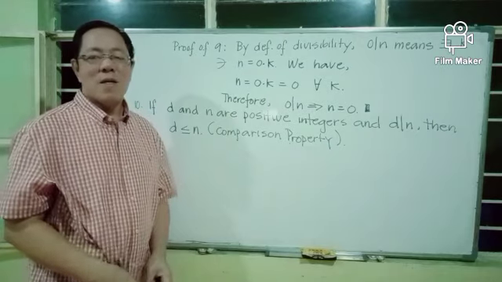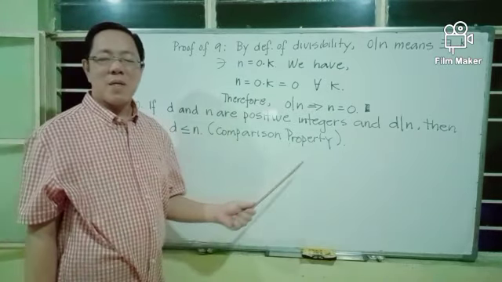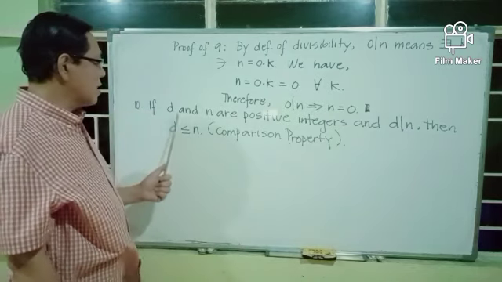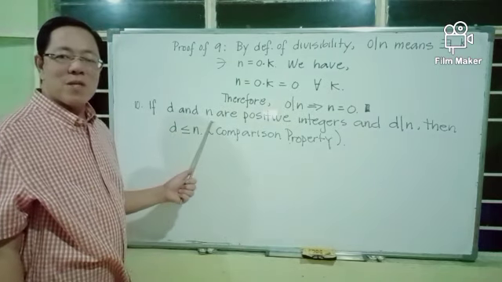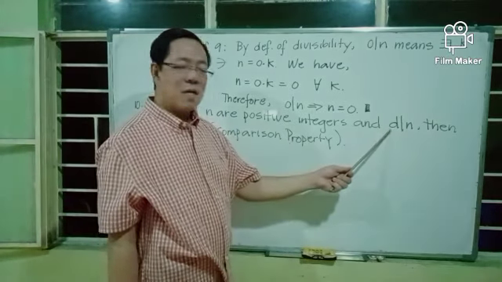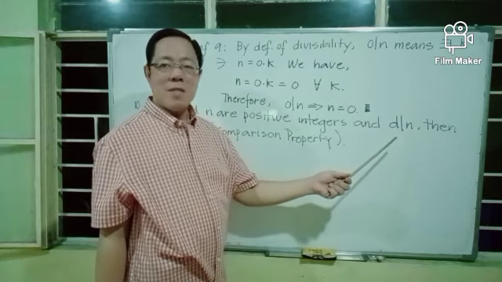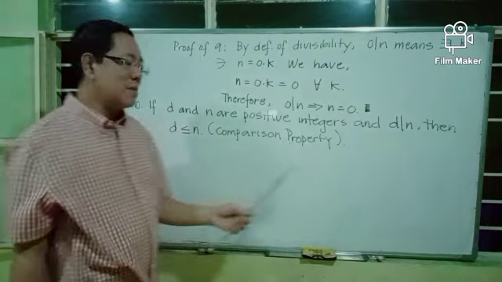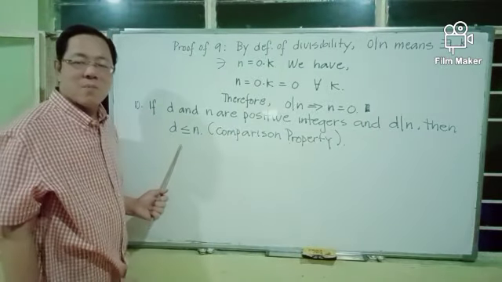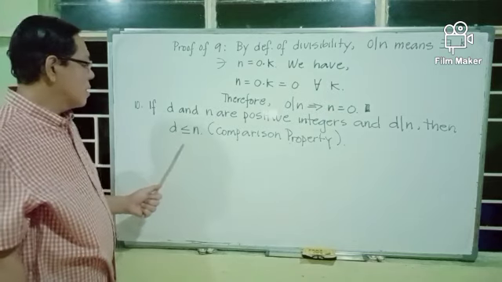The last divisibility property is known as the comparison property. And it states that if D and N are positive integers and D divides N, then the conclusion of the comparison property is that D is less than or equal to N.